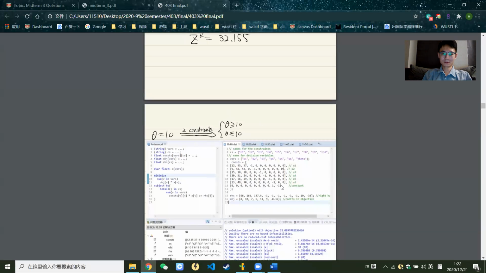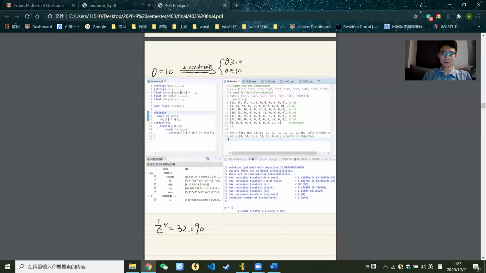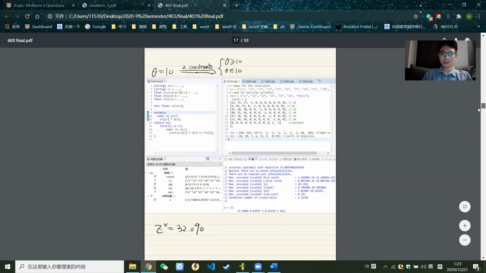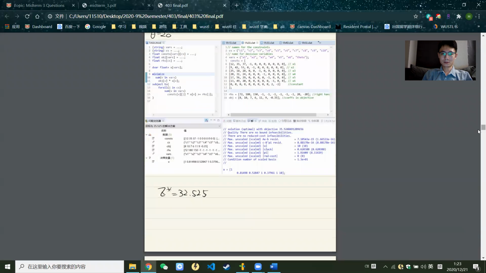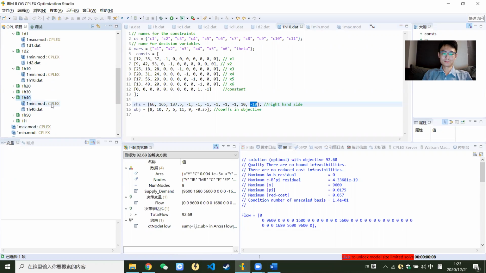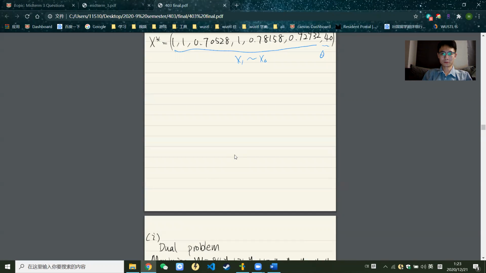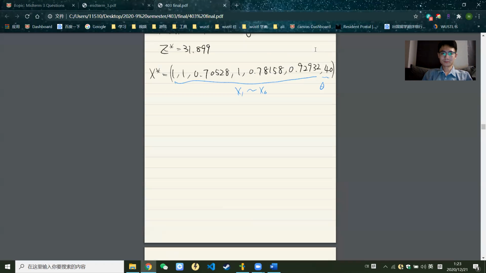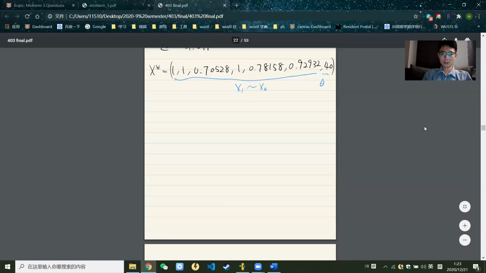And that's it. So the answers are here, the solutions, and we will see that I think theta 40 has the smallest new objective function. So I choose 40 for it.